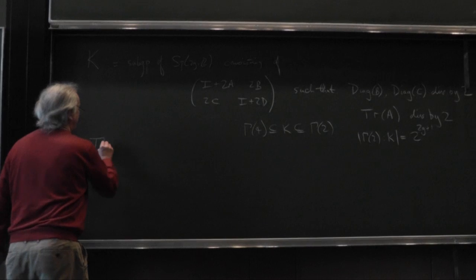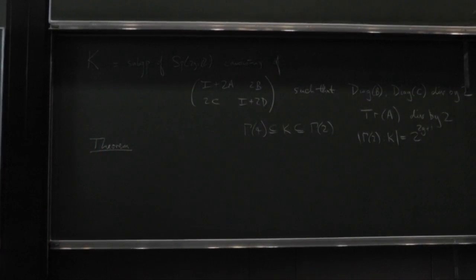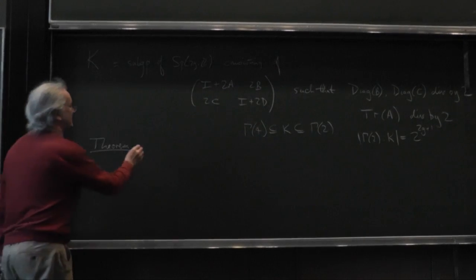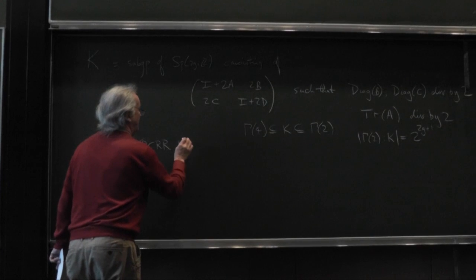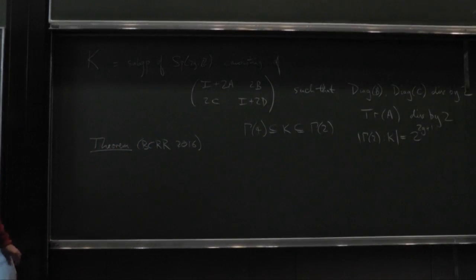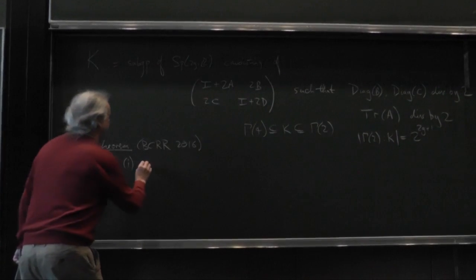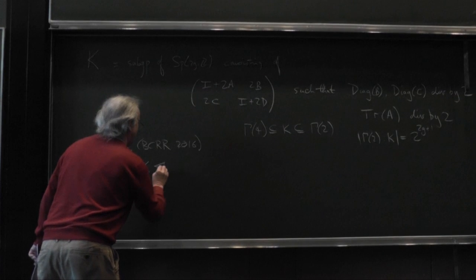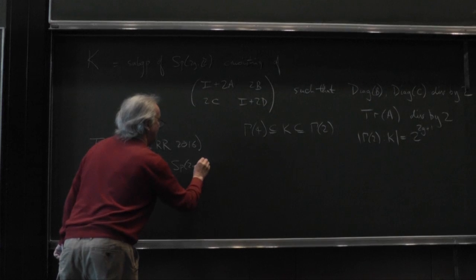So let me write down a theorem which says some of the properties of this K. The first interesting part, this is what we've been doing. So the first part, well, I mean, this is not that hard. K is normal in the symplectic group.